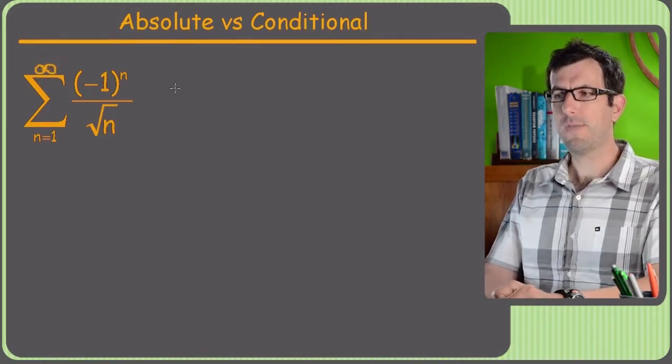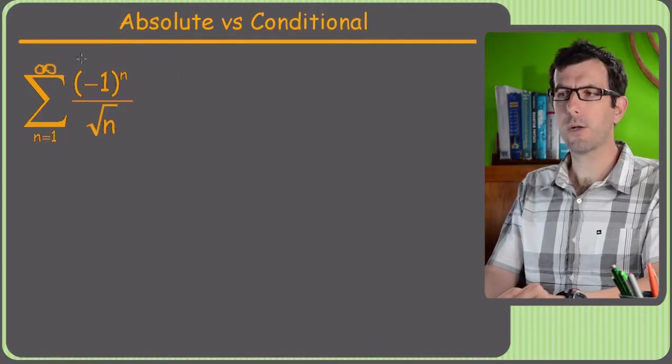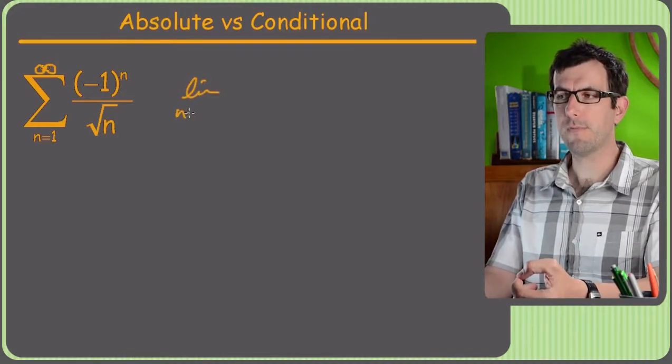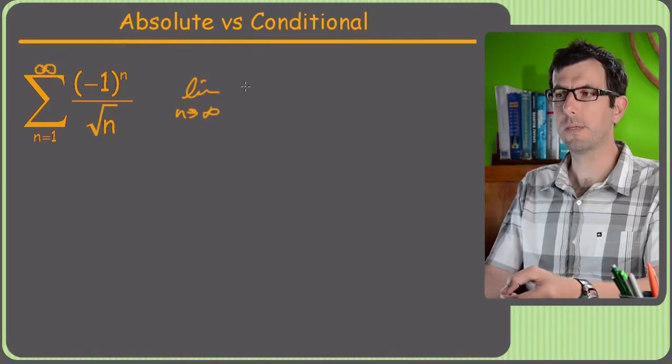All right, so let's find out if it converges absolutely or conditionally, or diverges even, right? Because it doesn't necessarily have to converge at all, even if it's a plus-minus scenario. Well, we've got an alternating series, which means all we have to do is take the limit as n approaches infinity of the formula b_n.